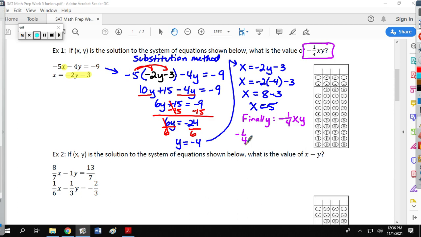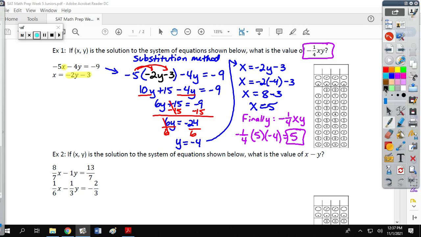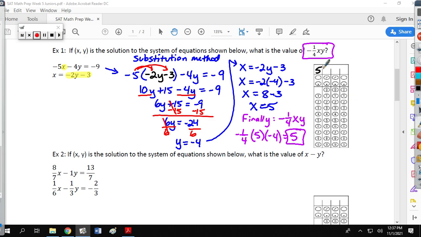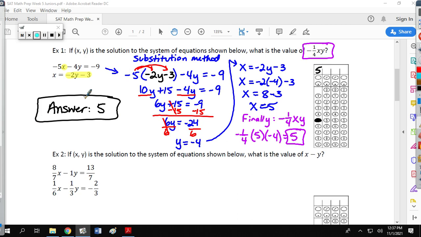That would be negative 1/4 times x, which is 5, times y, which is negative 4. You're welcome to use your calculator, but we should recognize that we have 2 negatives, which means our answer is positive. 1/4 times 5 times 4 is 5. So our answer to this question, we would enter one digit, 5. On the old paper and pencil test, we would have to bubble that in. On the computer, I don't believe you're going to have to do that. So negative 1/4 xy is equal to 5.